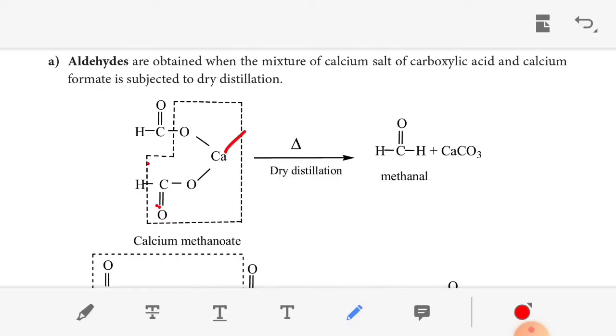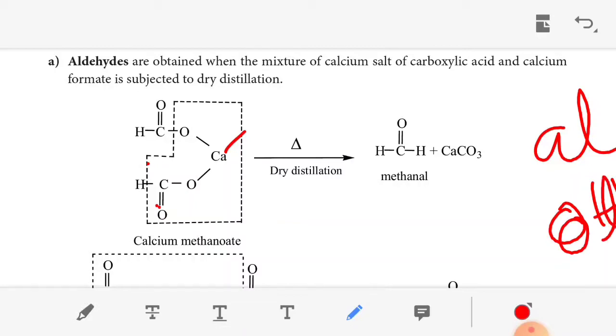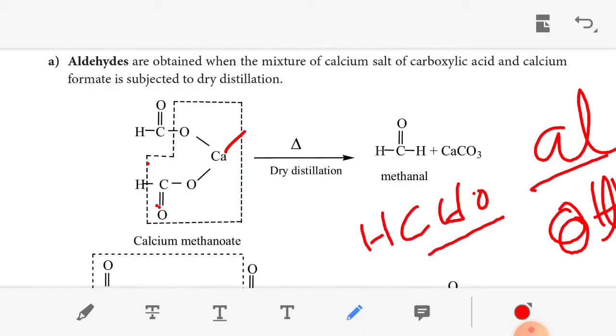When the mixture of calcium salt of carboxylic acid and calcium formate is subjected to dry distillation, we get methanal, formula HCHO. Because the formula is aldehyde, we put Al, just as in alcohol we put OL. Alcohol means OL, aldehyde means Al. HCHO is the functional group of aldehyde.